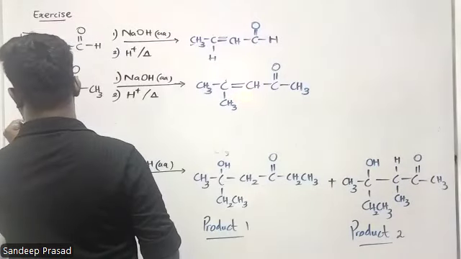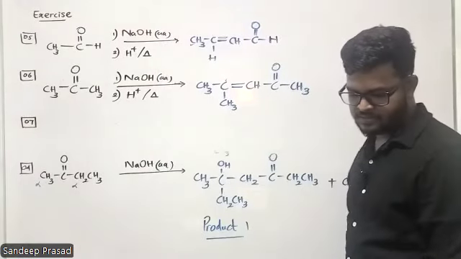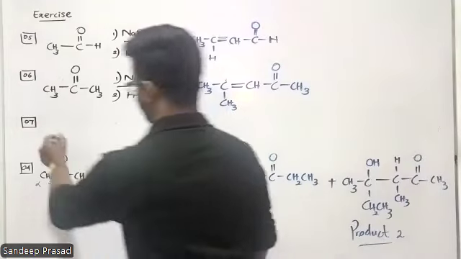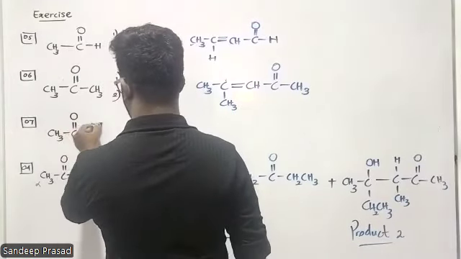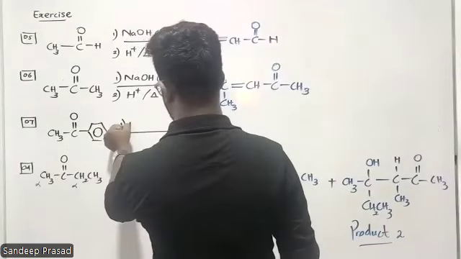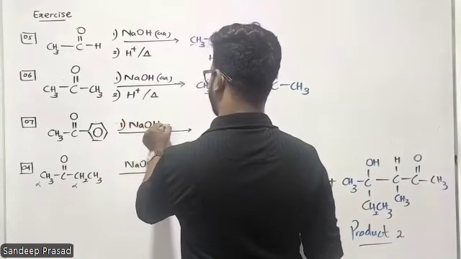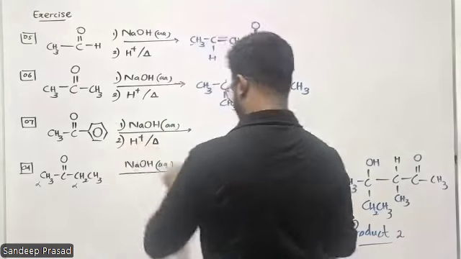Number 7. Just imagine we have CH3, C double bond, and a phenyl ring, a ketone which is containing a phenyl ring. I'm going to add sodium hydroxide aqueous, secondly H2O plus heat. Right.